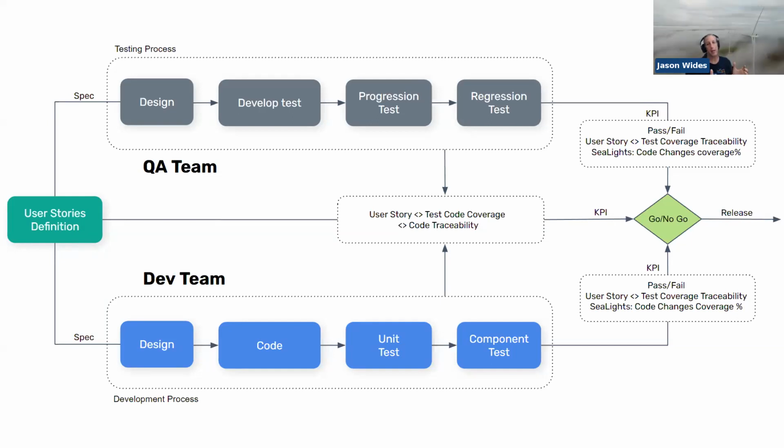We're creating a link between those three areas of information to provide you a clear understanding of the user story: what was modified there, what was tested, and do you have all the code coverage? All those code changes made for that user story, were they in fact covered or not?